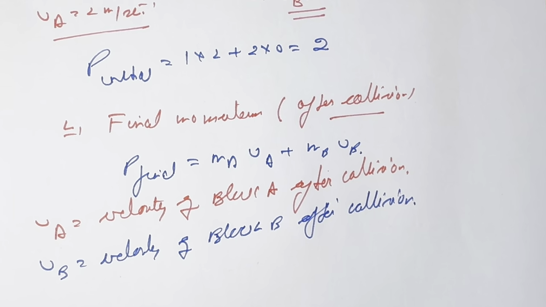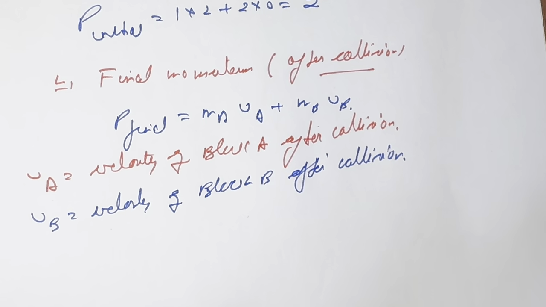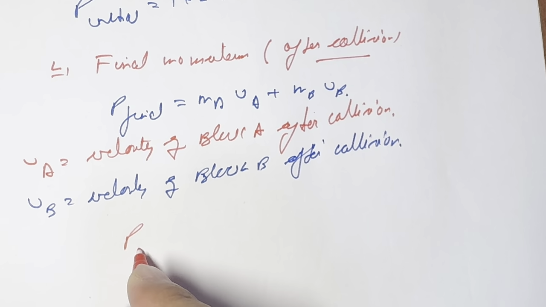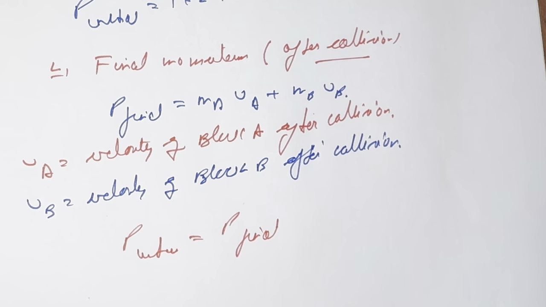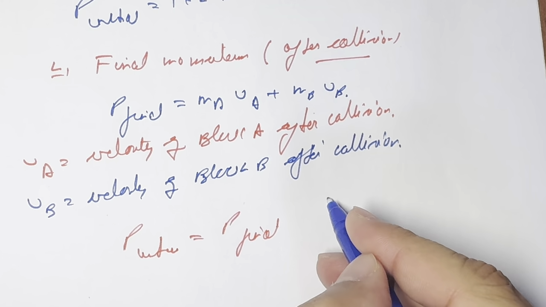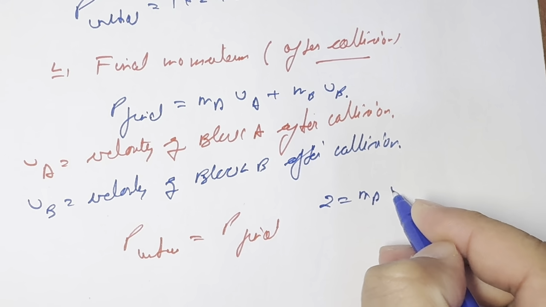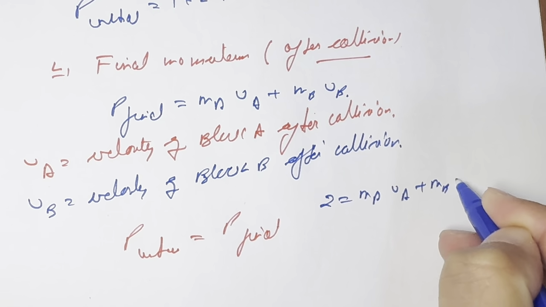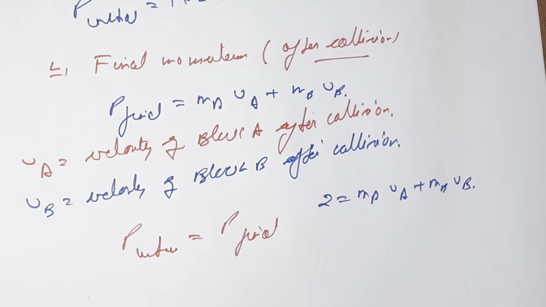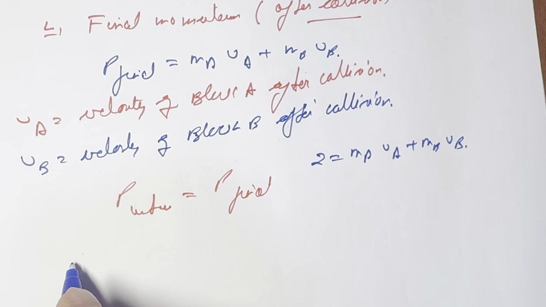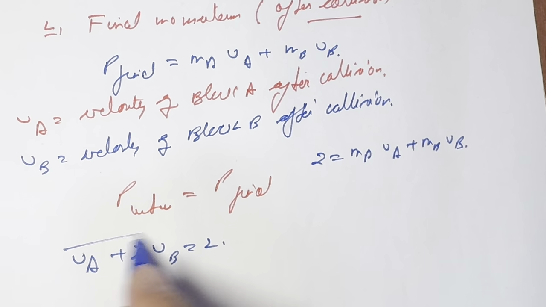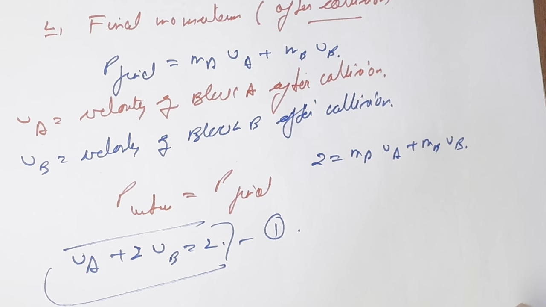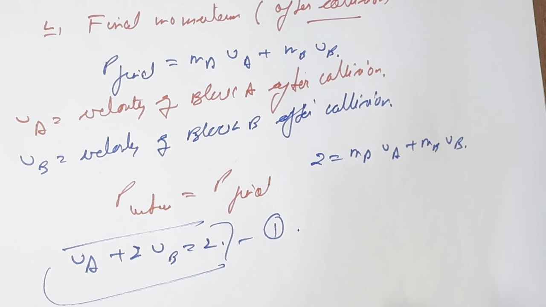And we know P initial should be equal to P final, by conservation of momentum. So 2 is equal to MA VA plus MB VB. We substitute the values of mass and get VA plus twice VB is equal to 2. Equation number 1. And it is given that the collision is elastic.